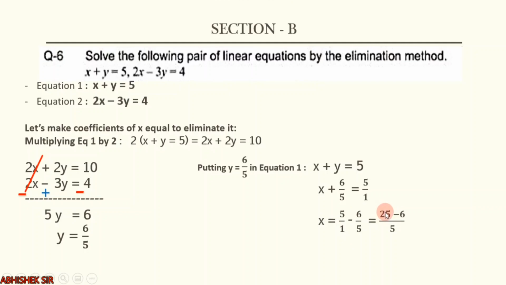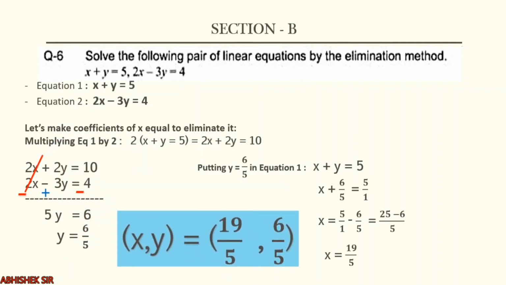Take the LCM, 1 and 5 will be 5. Multiply this with 5 up and down. Finally, you get 25 minus 6 upon 5. And the answer is x equals 19 upon 5. So what is our final solution? That is x, y equals 19 upon 5, 6 upon 5.